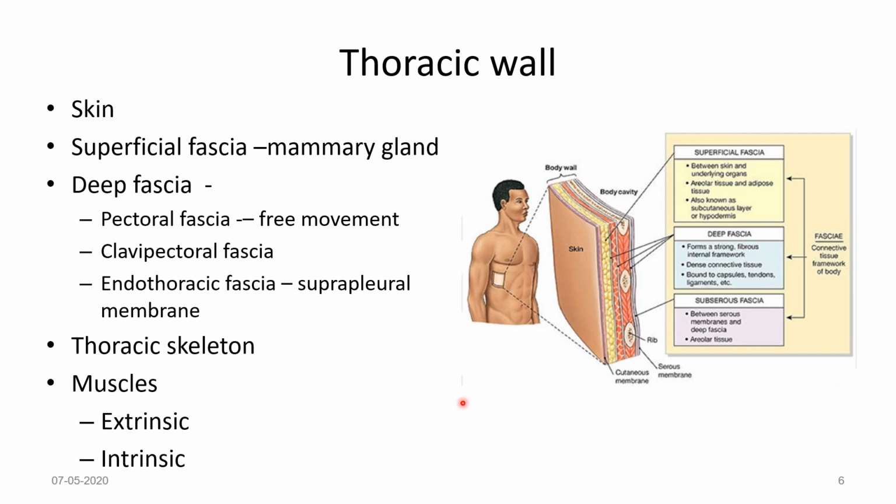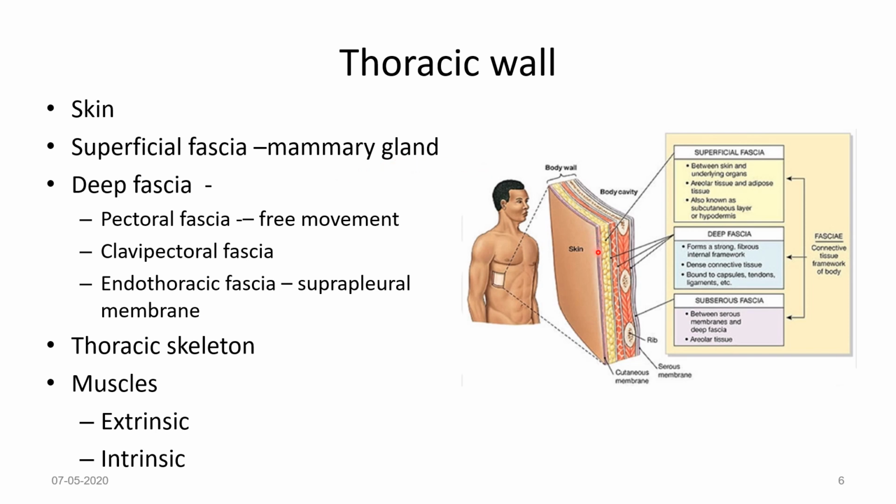Now let us see the layers of the thoracic wall. In this picture, a small bit is removed from the lateral wall of the thorax. The layers that are seen are the skin and the superficial fascia. If this bit is in the pectoral region, you will come across the mammary gland.